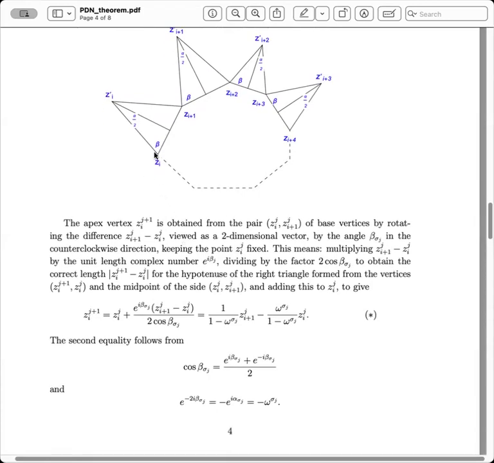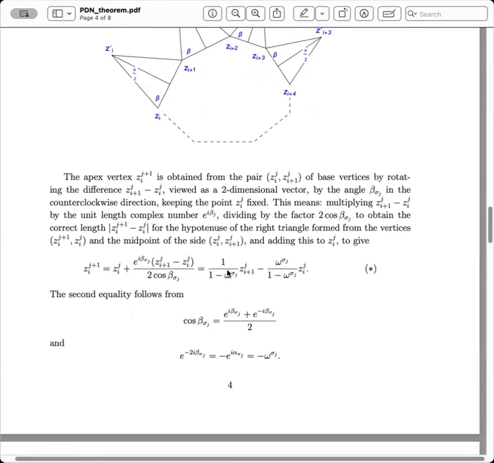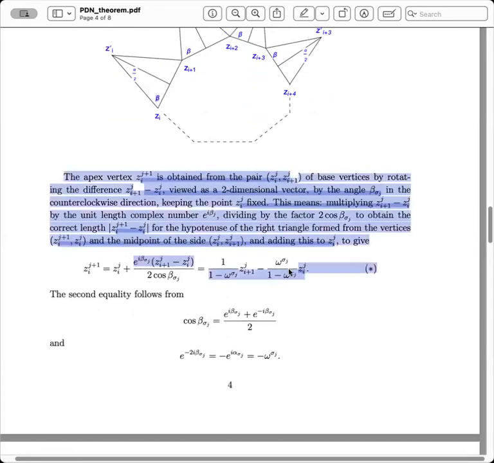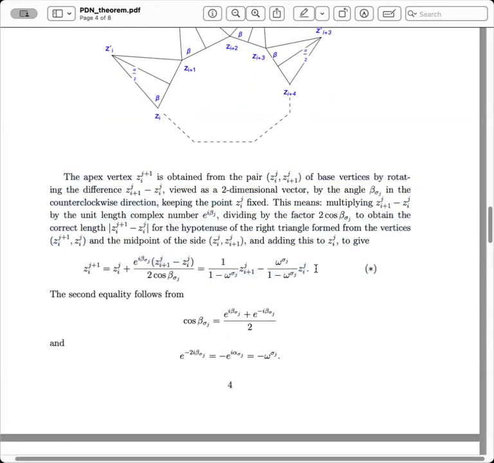If we add that to z_i^j, we obtain the next one, and so the equation becomes z_i^j plus the difference z_{i+1} minus z_i^j multiplied by e to the i beta_{sigma j} and divided by 2 cosine beta_{sigma j}. So this can be simplified into the following form using the roots of unity.